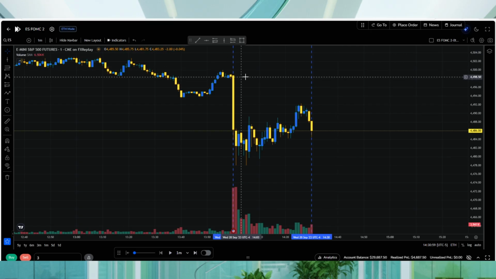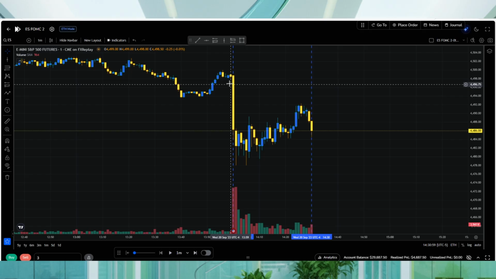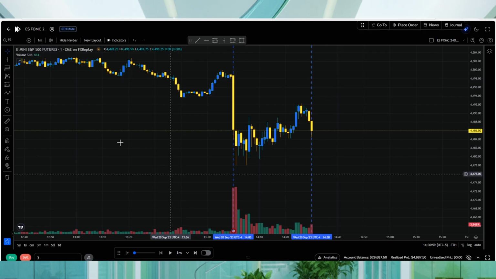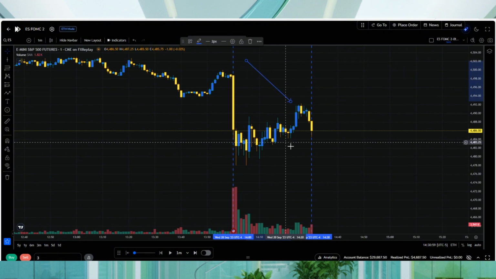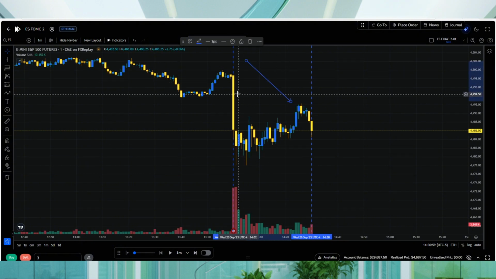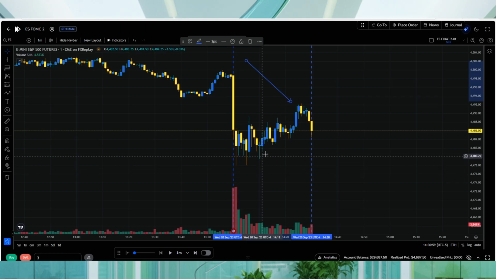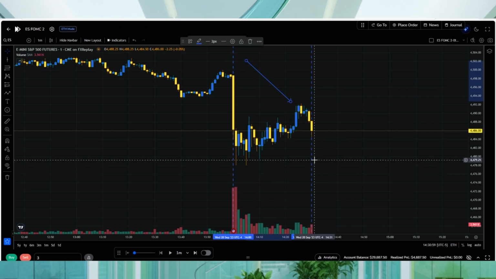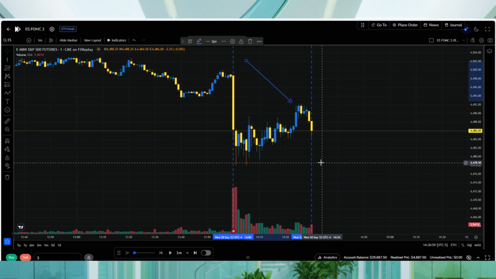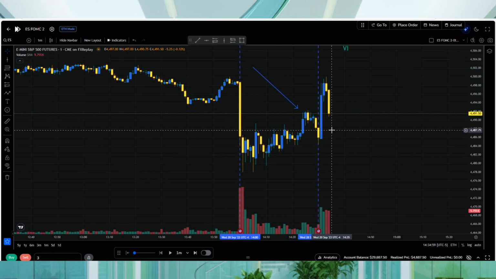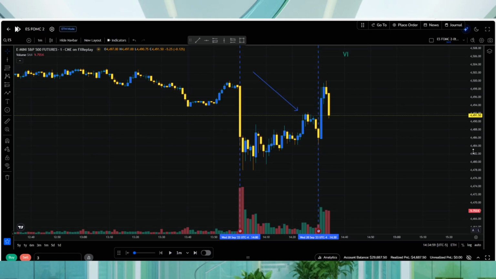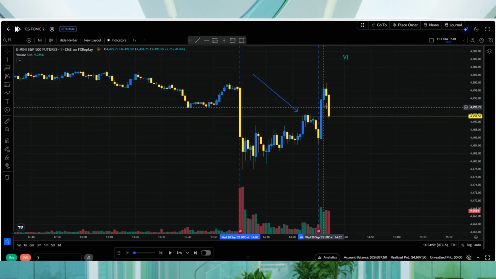Again, we're looking for the market to show its hand from 2 o'clock to 2:30, and we see that the market is going short, and we see that overall trend is we're printing lower lows and lower highs here. So we're looking for shorts, and we get a nice pullback, and we get a short entry, which is essentially 2 successive red candles.